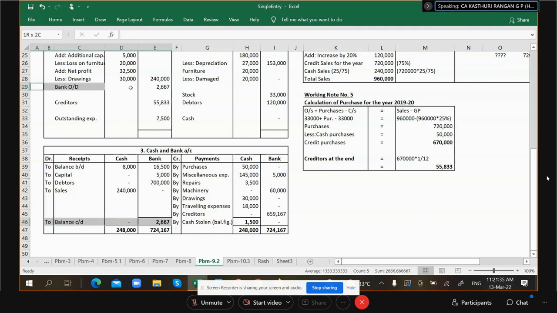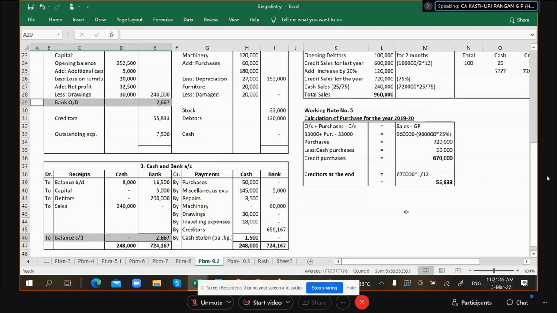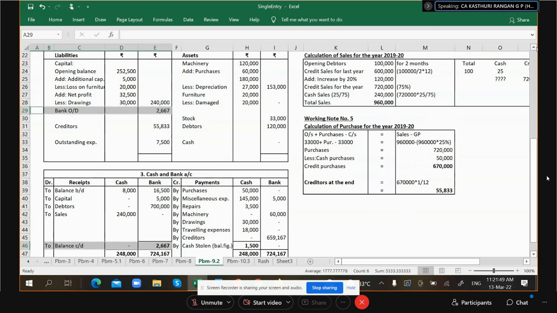Normally, bank will have a debit balance. But in this problem, bank has a credit balance. So you will put it on the liability side of the balance sheet. Now, see friends, we have completed all the working notes. We have taken care of all the information given in the question.